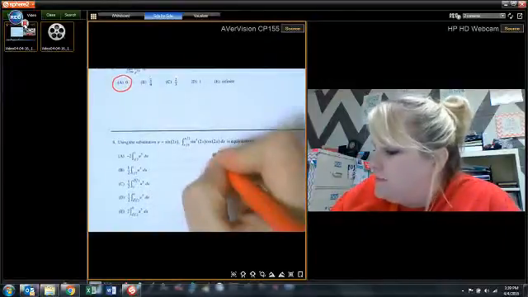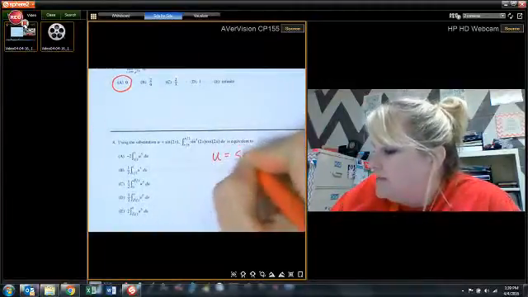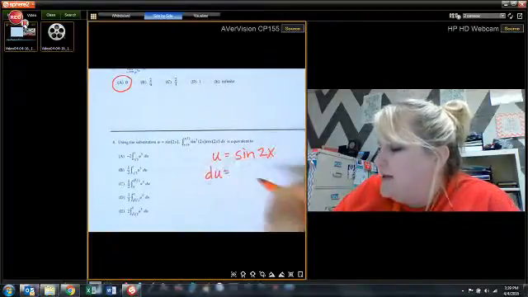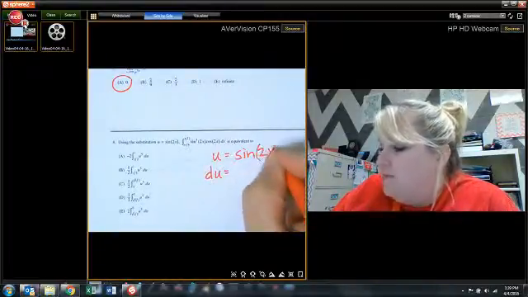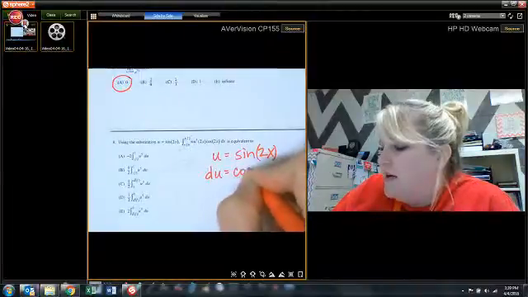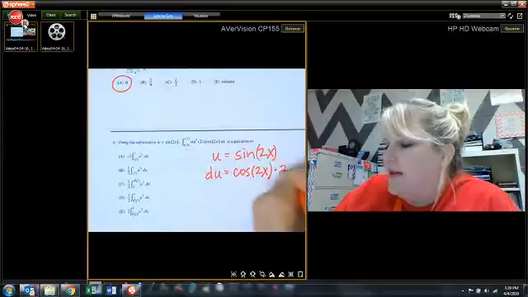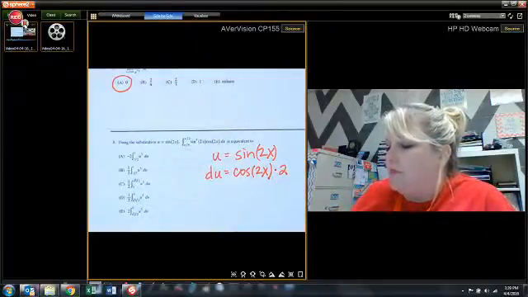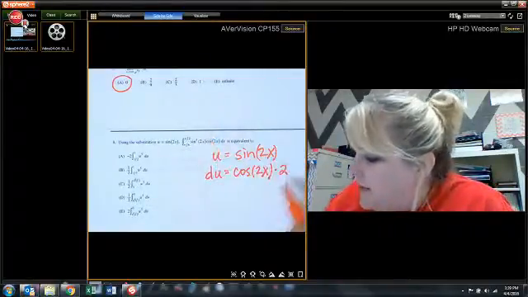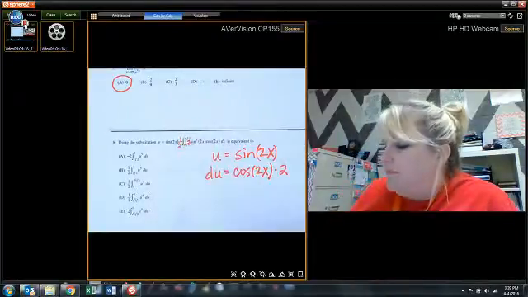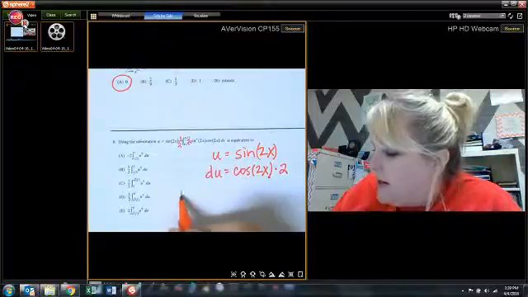Now when you change your variable from x to u on a definite integral, it also changes the bounds on your integral. You have to plug these numbers in for x to determine what the bounds would be once you've changed the variable, which is the part that I'm not crazy about. I don't teach them this way. What I would do is have you integrate this and then change back to x and use these two bounds. But that's not what they want you to do here, and I can hardly see that.